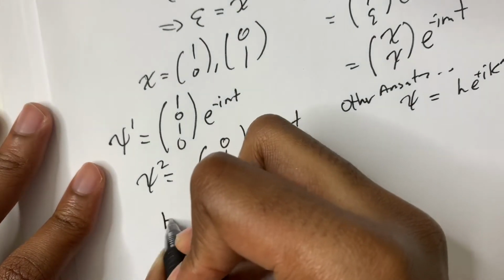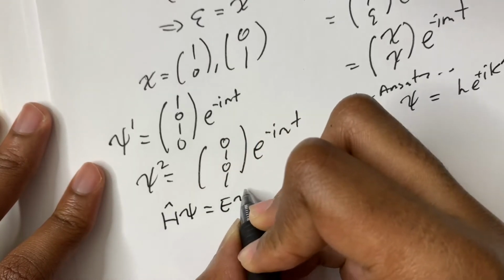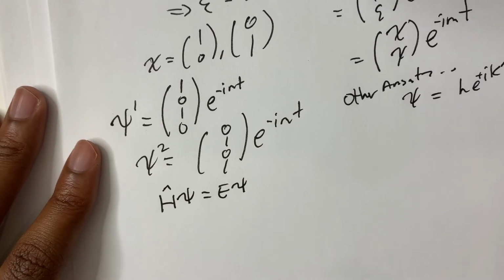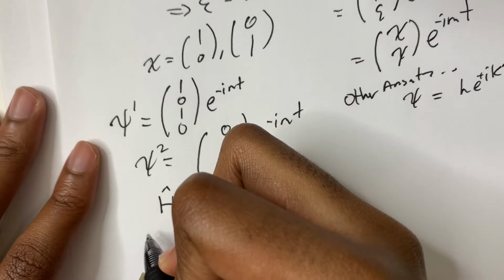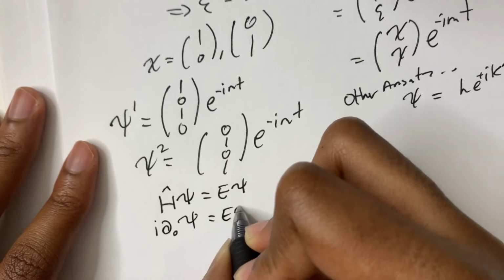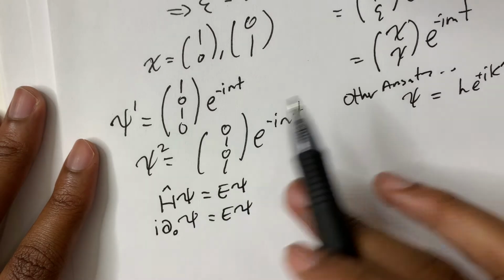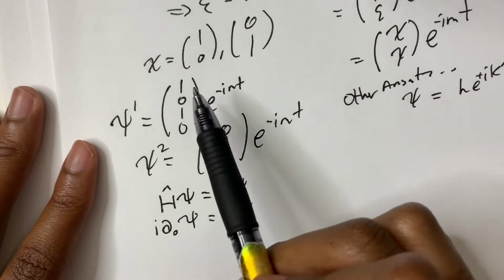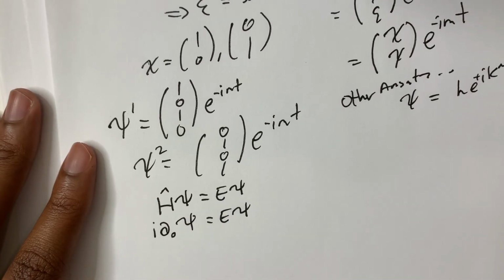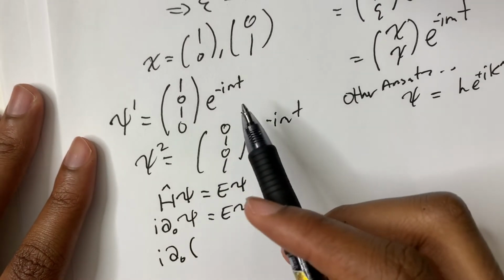Even though our Schrödinger equation is the Hamiltonian operator acting on ψ gives us energy times ψ, in the weird land of Einstein notation, the energy operator is just i ∂₀ ψ = E ψ. So let's calculate the energy of this Dirac bispinor.